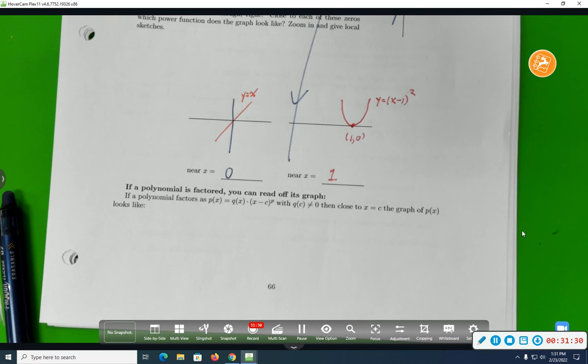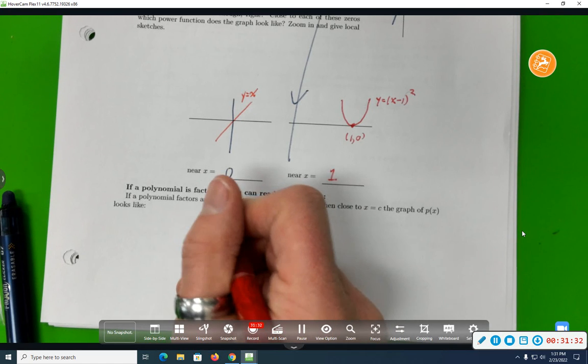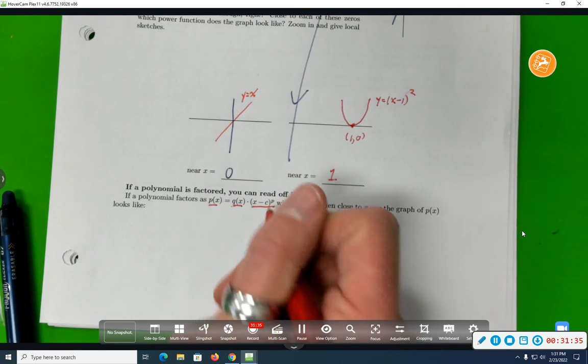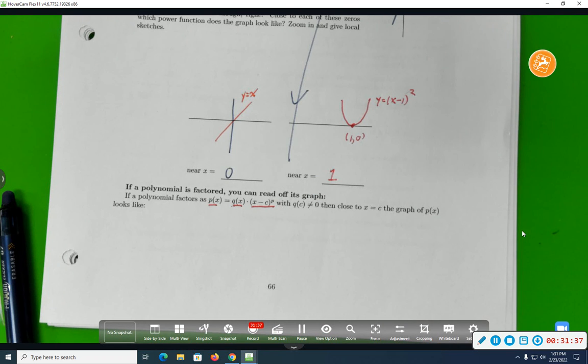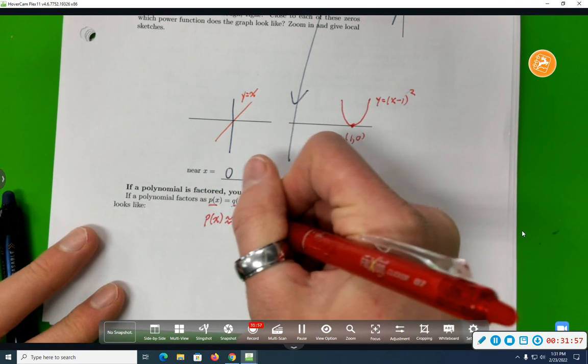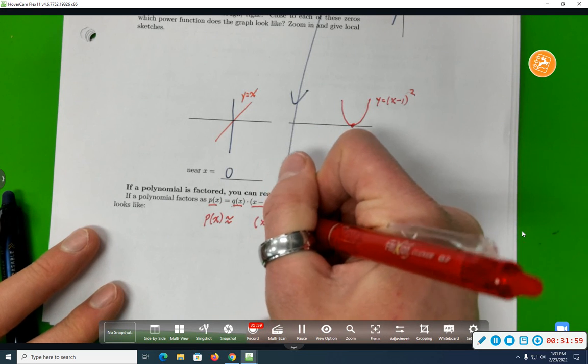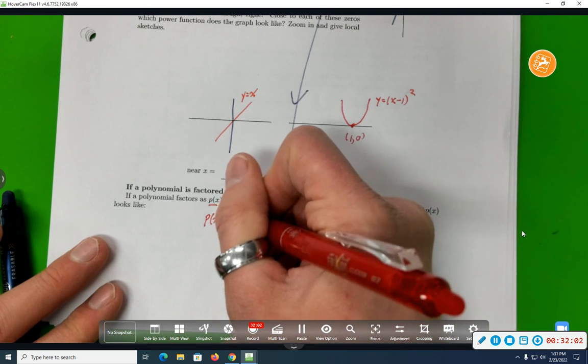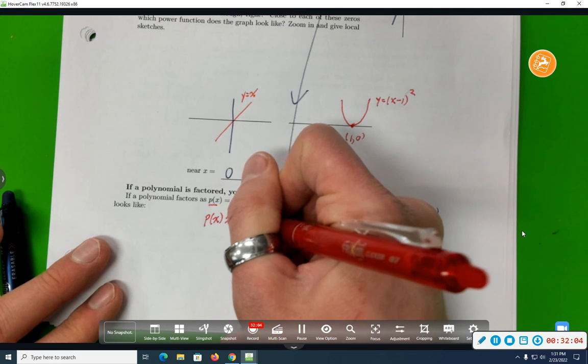If you have a polynomial, p of x, and you have it factored as q of x times some number of x minus c's, then close to x equals c, you can find the graph. It will basically look like x minus c to the power of p, except with a coefficient next to it. P of x will be really close to x minus c to the power of p, but multiplied by a constant.